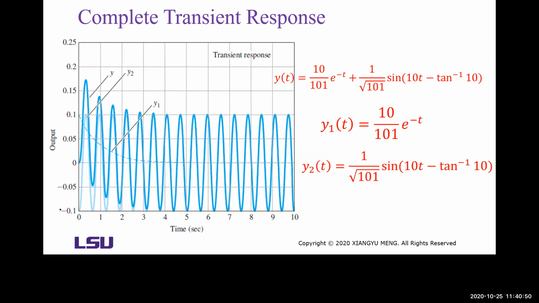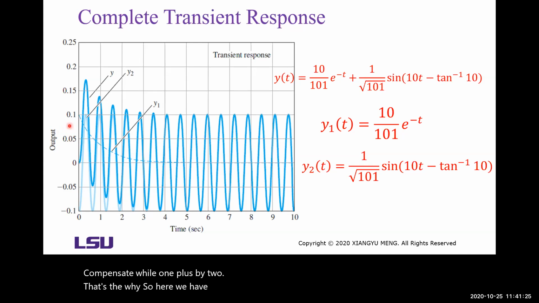This figure is a plot of the time history of the output. It shows the different components, y1 and y2, and the composite, y1 plus y2. That's y. Here we have y1.